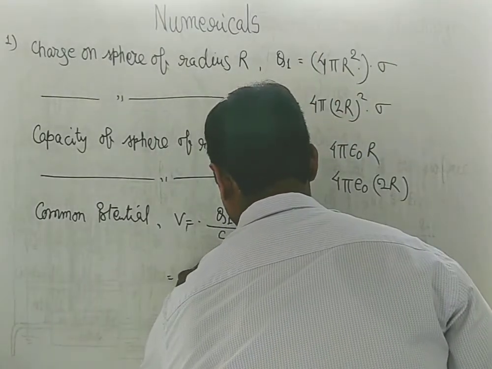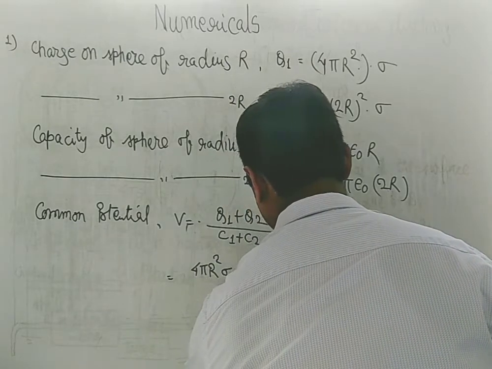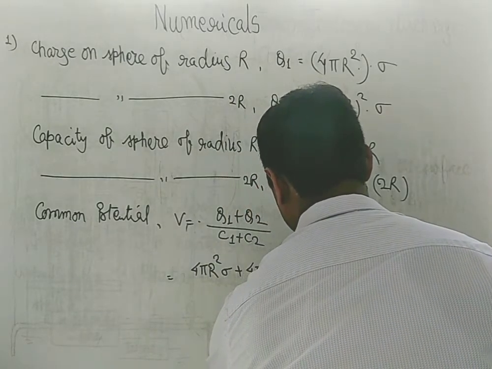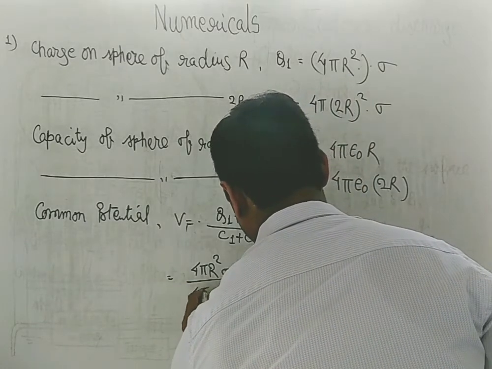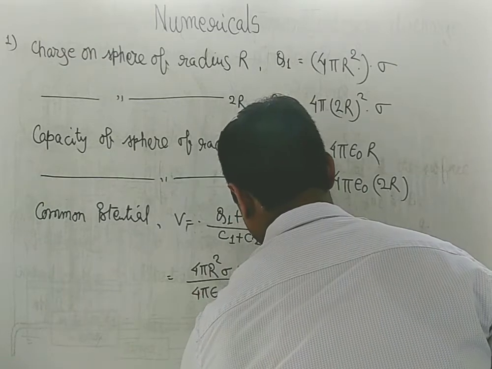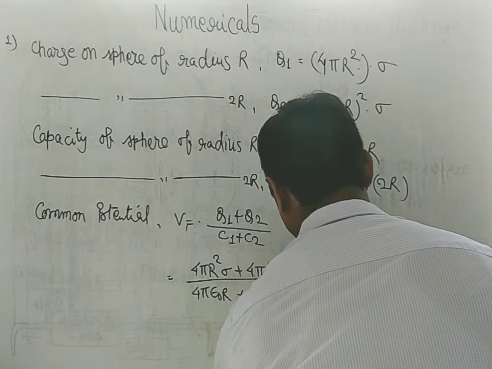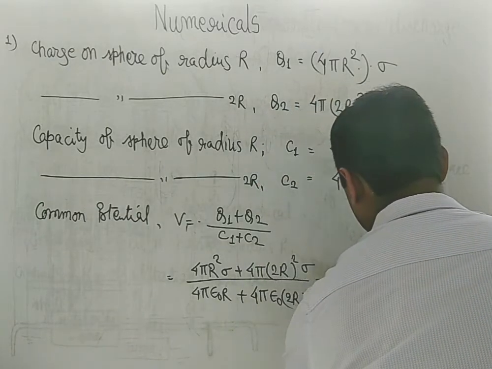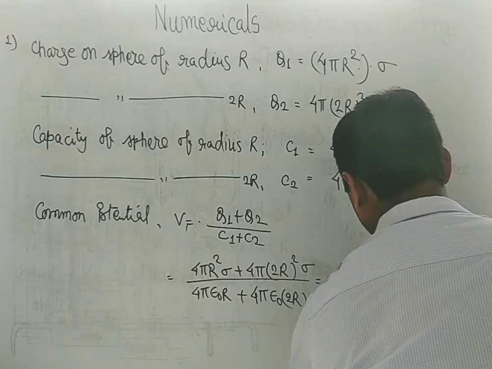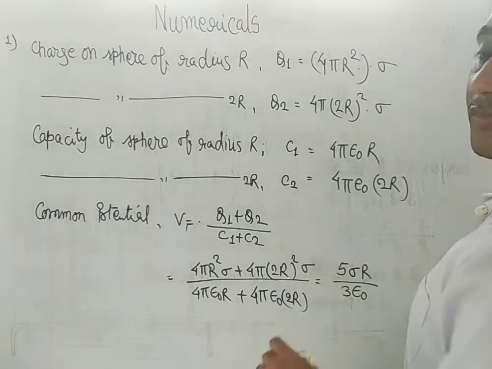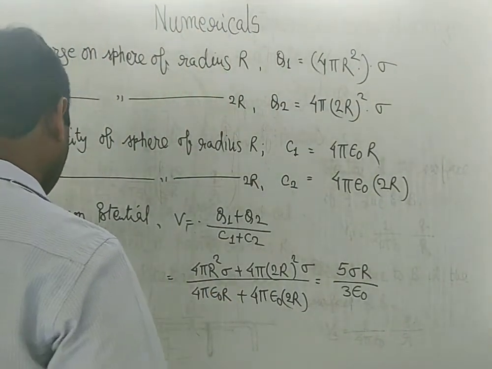So we have 4 pi R square sigma plus 4 pi (2R) square sigma upon 4 pi epsilon naught into R plus 4 pi epsilon naught into 2R. Students, you just solve it, you will be getting approximately 5 sigma R upon 3 epsilon naught. This will be the answer after solution of this.